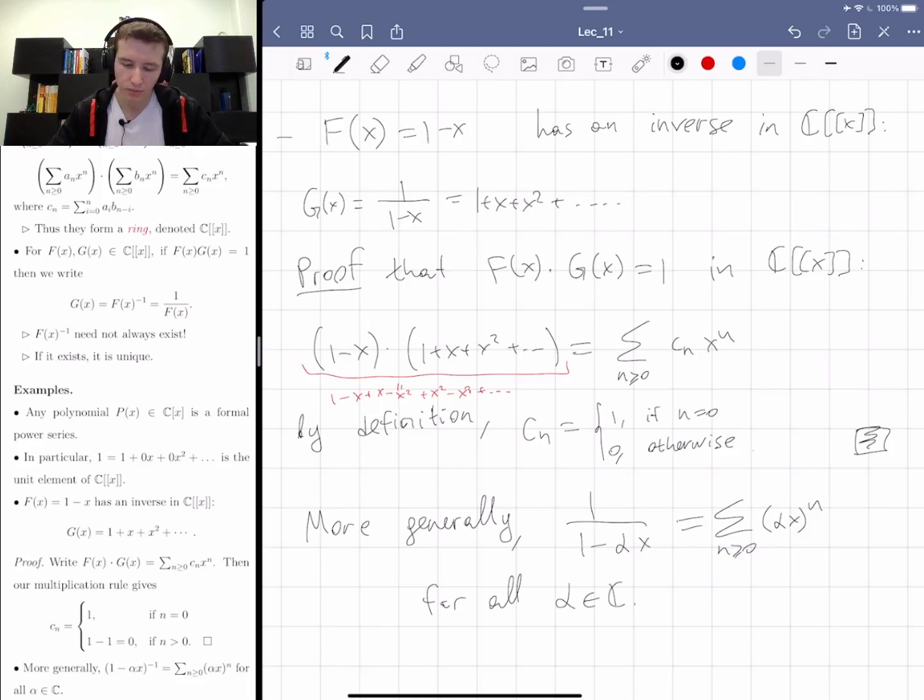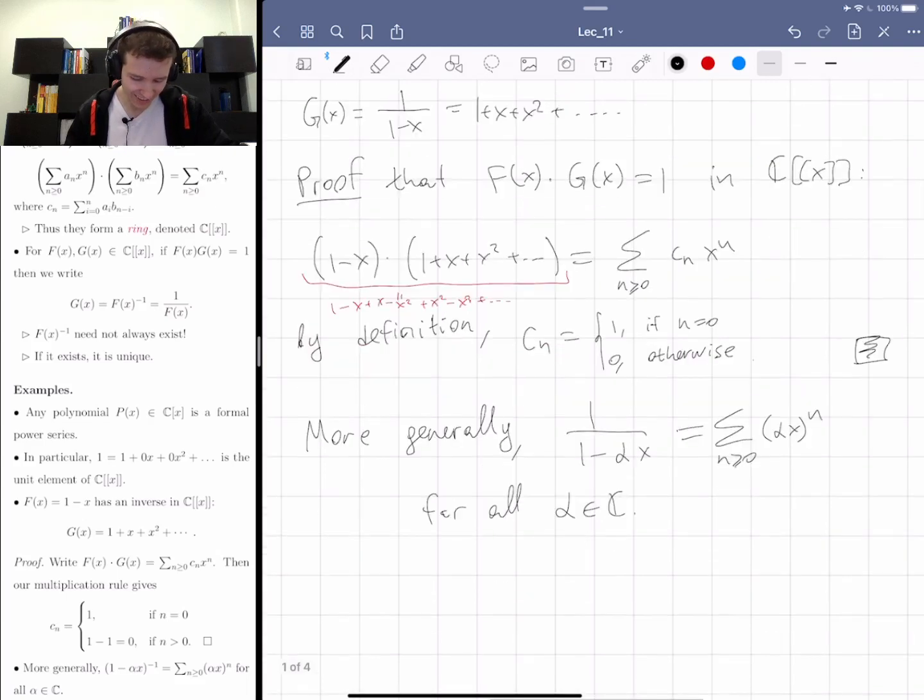So these are examples of elements, like 1 minus alpha x, which have an inverse in the formal power series. Maybe somebody can give me an example of a function which does not have an inverse as a formal power series. X. Nice, thank you.